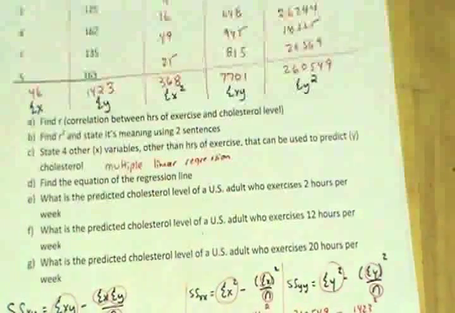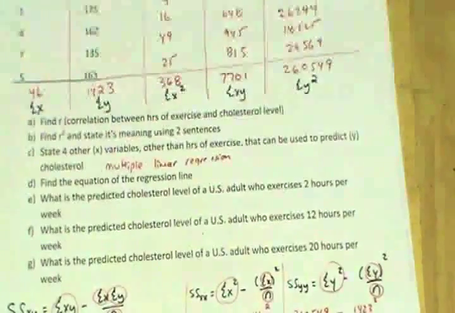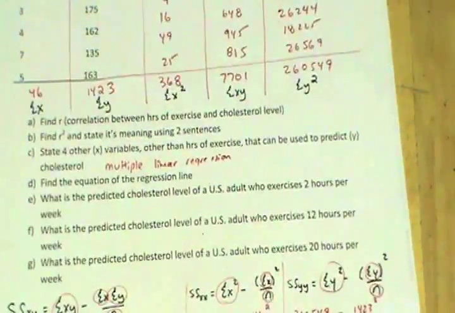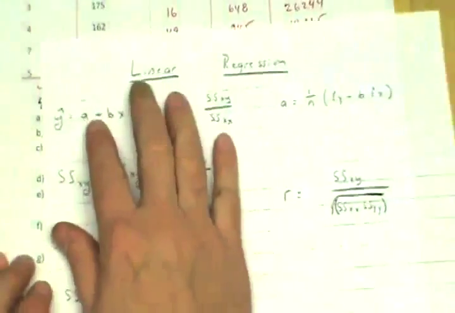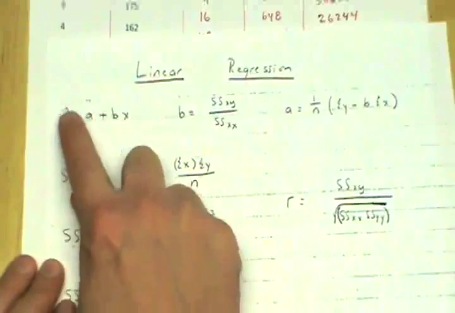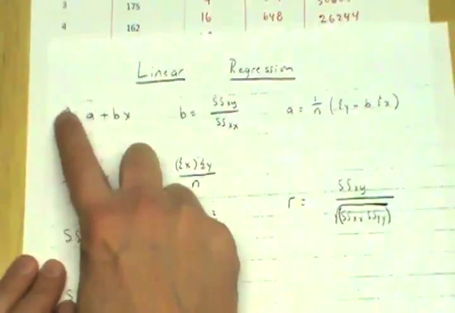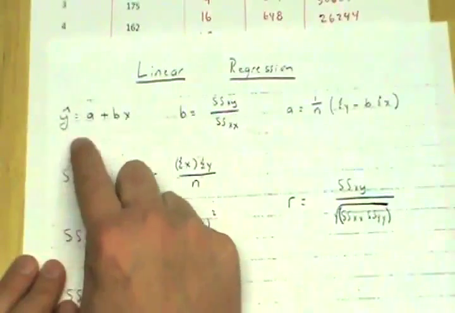find the equation of the regression line. Okay, in finding the equation of the regression line, I'm going to go back over to the formula sheet. Here we go. Okay, and this up here is the equation of the regression line. Y, that's a hat, and that distinguishes this y linear equation from a regular y algebraic equation.